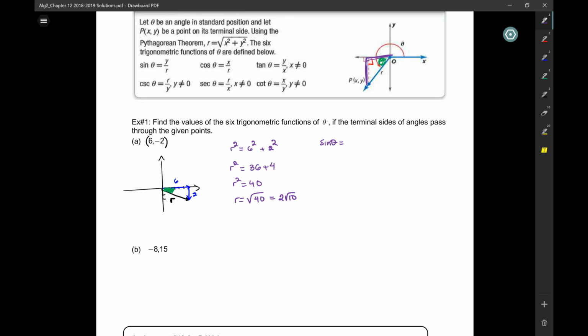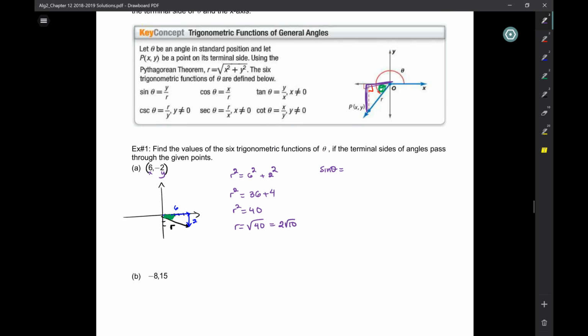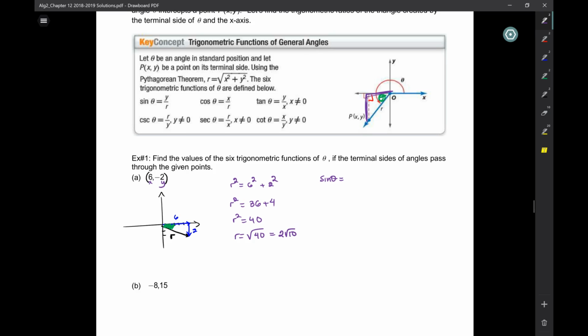I'm going to label these X and Y. So sine of theta is the opposite, the negative 2, the Y over the R. Does that make sense, that it's opposite over hypotenuse, Y over R? So I don't even have to look at the diagram.